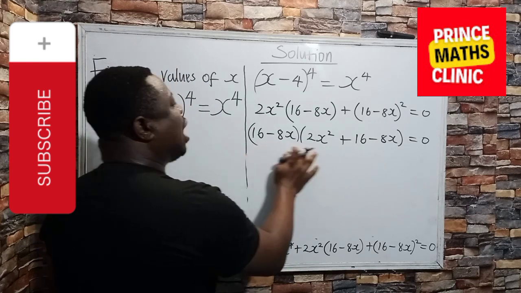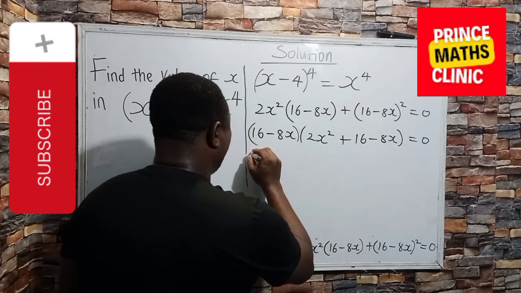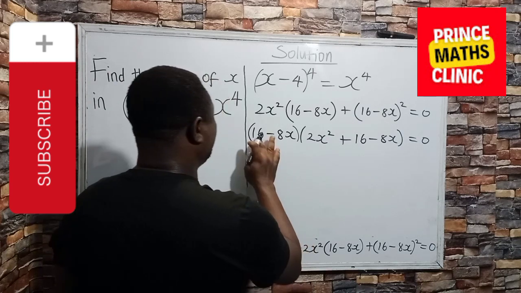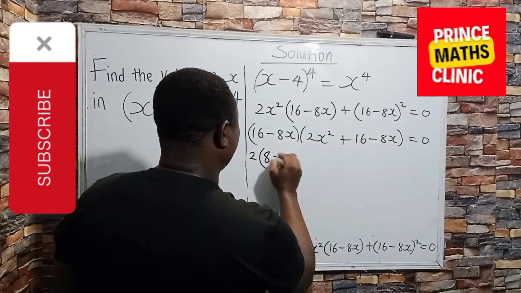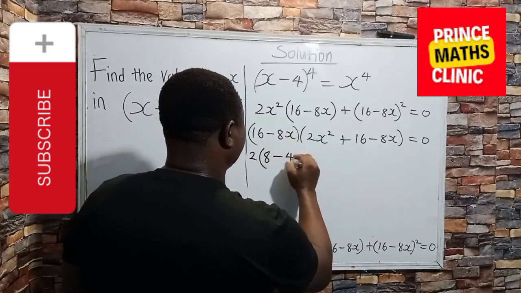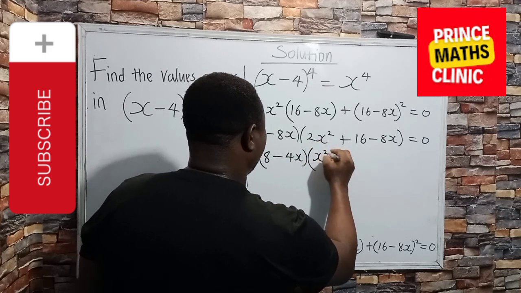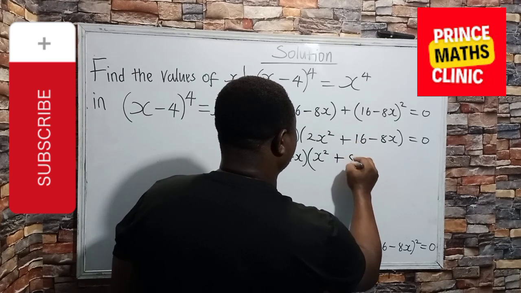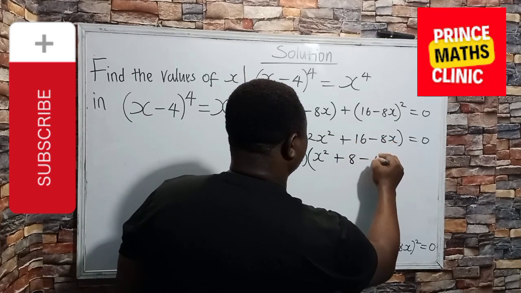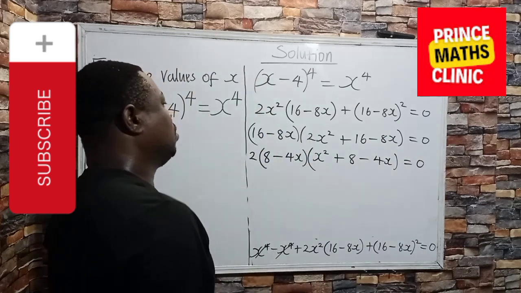Therefore, 2 can go in everything, so I'll pull out 2. If I pull out 2, it becomes 2 in 16 is 8, 2 in 8x is 4x, 2 here is x squared left. Plus 2 in 16 is 8, 2 in this is minus 4x, equal to 0.